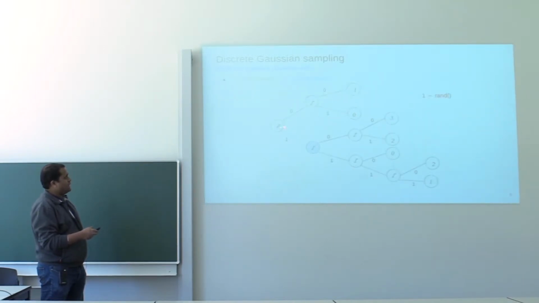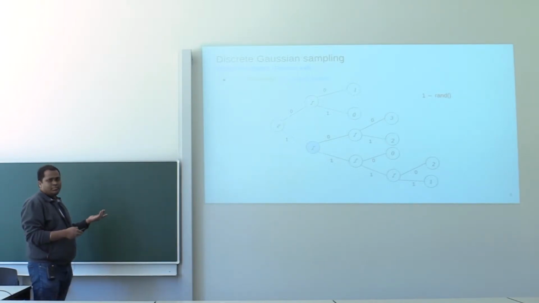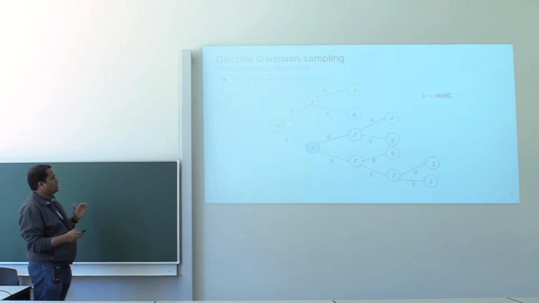Let's see how we do this. Starting from the root, at each step we generate a random binary variable, and depending on it, we take either the top sub-branch or the bottom sub-branch. Let's start from the root. Our first random bit is 1, so we take the bottom sub-branch. Again, we generate a random bit.